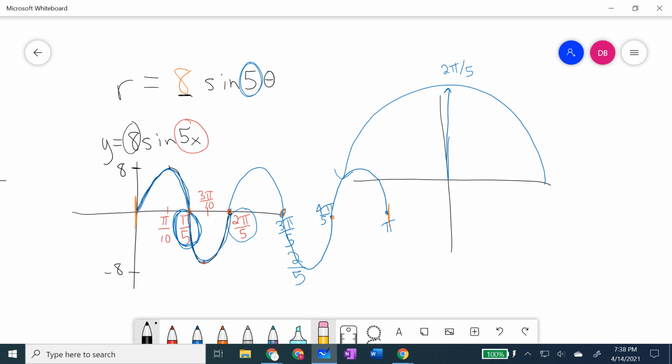And 5 is not the ideal number, which is for some reason why I chose to use that. But we're trying to split this axis up into 5 equal sections. So 1, 2, 3, 4, 5.